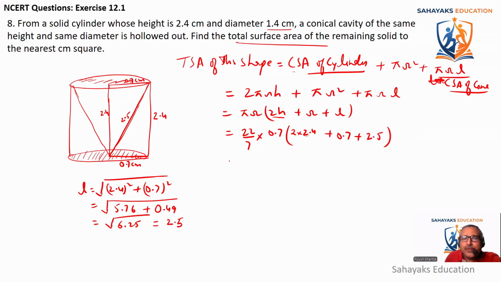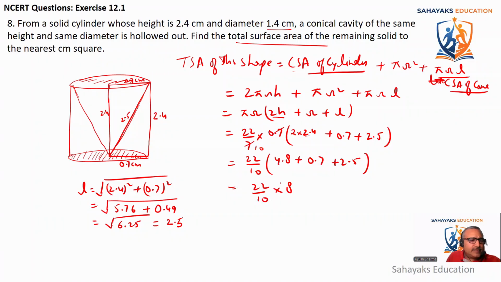So it has become 22 divided by 10 into 2.4 into 2, which is 4.8, plus 0.7 plus 2.5. Let's compute it: 4.8 plus 0.7 is 5.5, then 6.5, 7.5, 8.